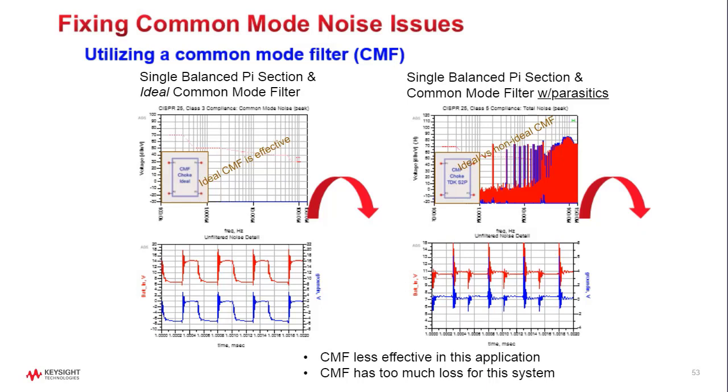So we need to add a common mode filter to that previous example, and we can use an ideal one or a physical one, like the TDK model that I showed you that had parasitics. And what happens when you use one with parasitics is you find out it's maybe not working as well as you thought. In this case, it's doing as good a job as it can, but it's way too lossy. It's going to give away so much efficiency.